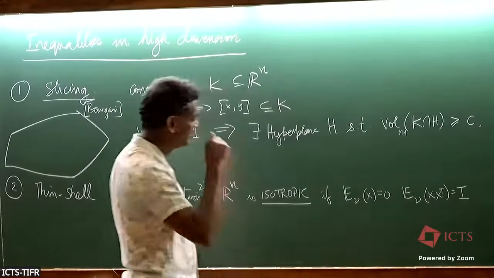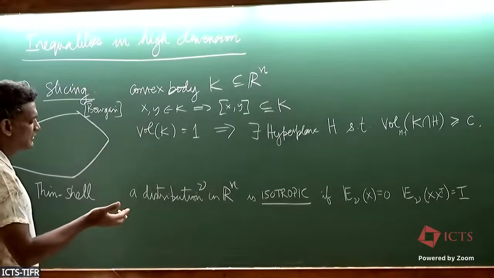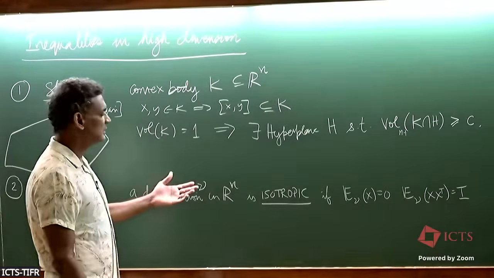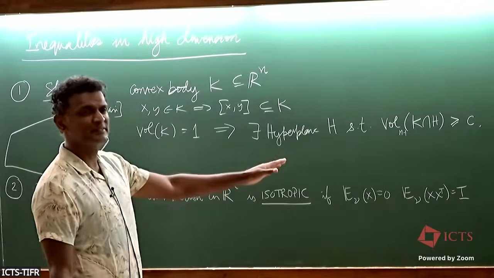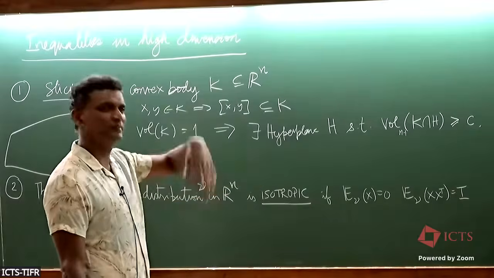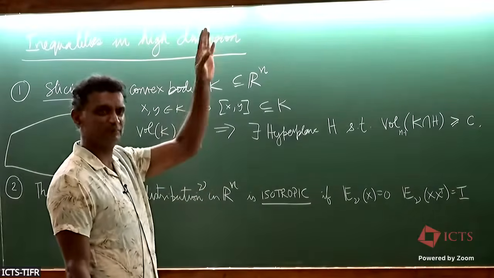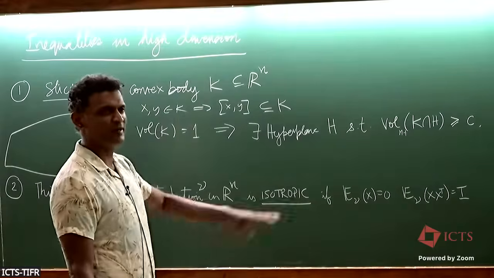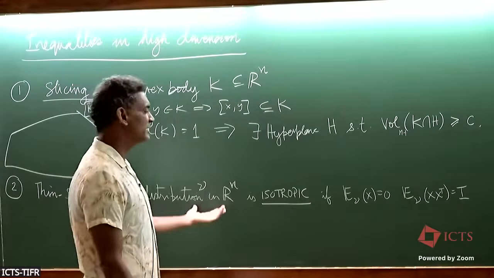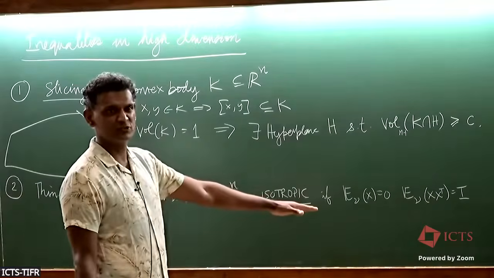This is just a normalization. If you take any distribution that has bounded second moments, not infinite from above and not 0 from below, then you can apply an affine transformation to make the distribution isotropic.